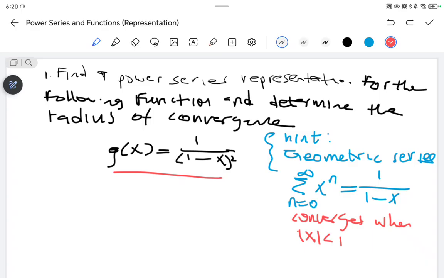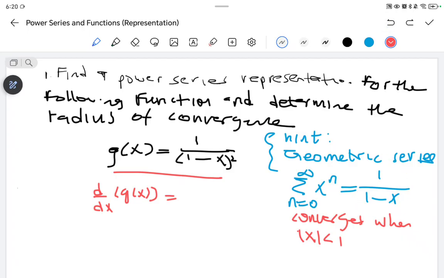So what you can do is derive this and see what you get. You can do two things: you can derive this, or you can integrate this, as long as you know it will take you to something like this.